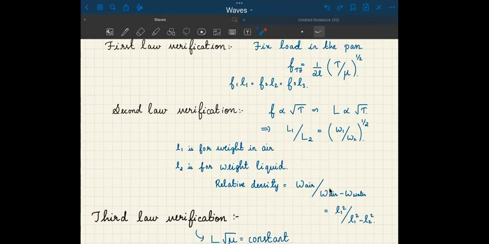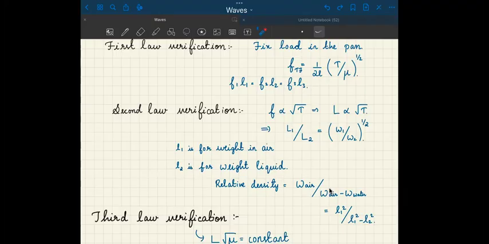See, if I wish to verify the second law, I need to change tension, or I need to change frequency according to the variation of the tension. But the problem is that such tuning forks are not available in the market. Here I am not taking any U-turn.